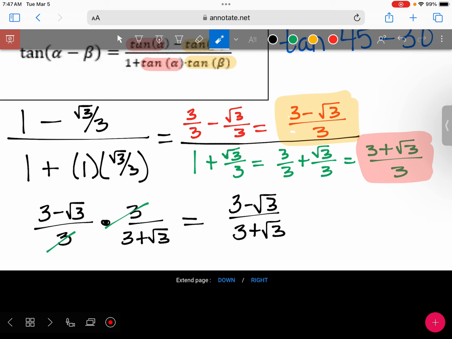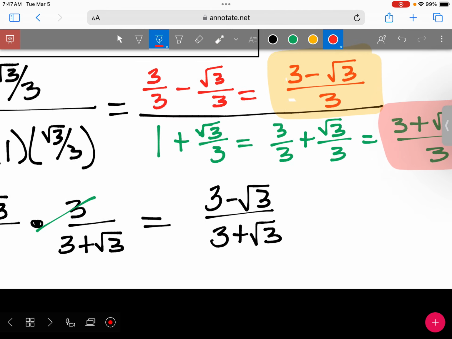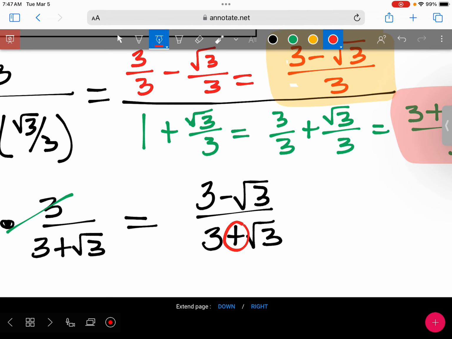What do you think I have to do now? Multiply by what? What am I multiplying by to get rid of this? 3 minus root 3 over 3. You always flip the sign of your denominator. If I'm trying to cancel my denominator, I flip the sign of my denominator. So that's our last step.